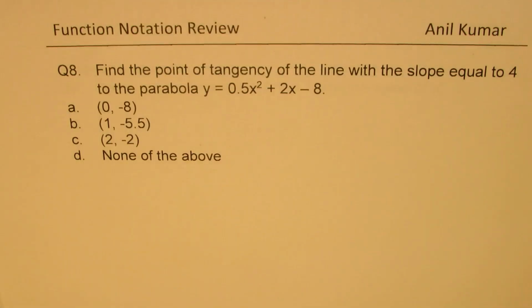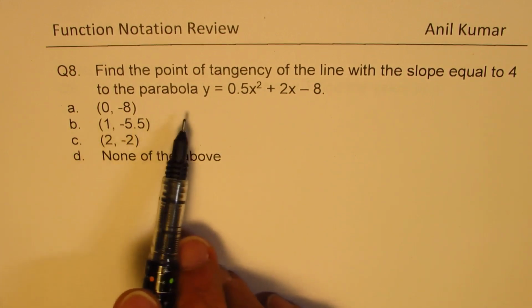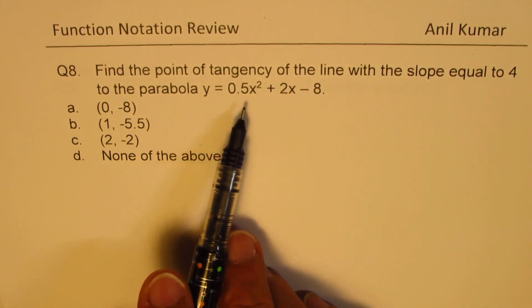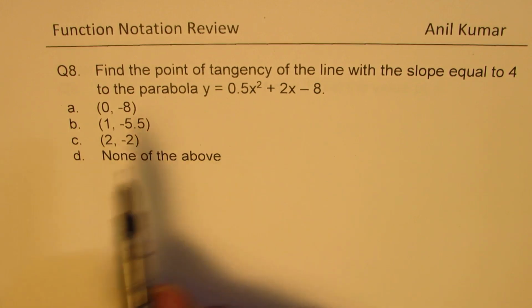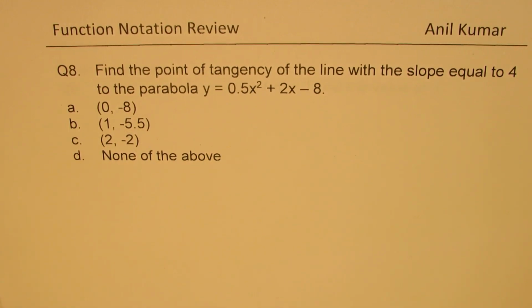Question number 8. Find the point of tangency of the line with the slope equal to 4 to the parabola y equals 0.5x squared plus 2x minus 8. 4 options are given to you. You can always pause the video, answer this question, and then look into my suggestions.